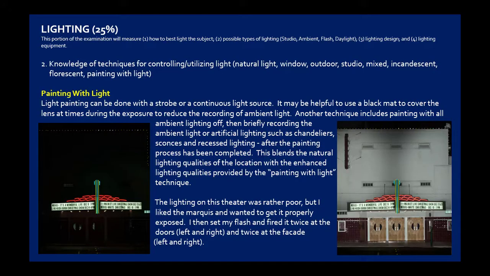So what I did is I calculated the exposure of the marquee at a really slow shutter speed. Like, for example, I think it might have been around 30 seconds maybe, and that had me shooting this at around maybe f22. I don't really remember the exact settings here. Needless to say, it was a very small lens opening and a very long exposure.